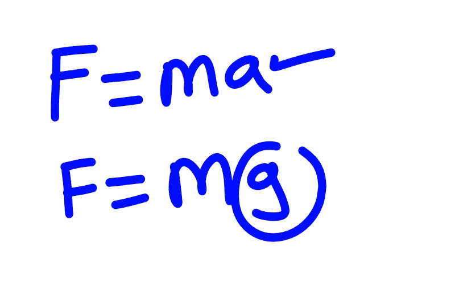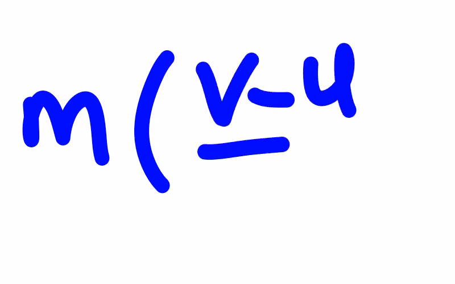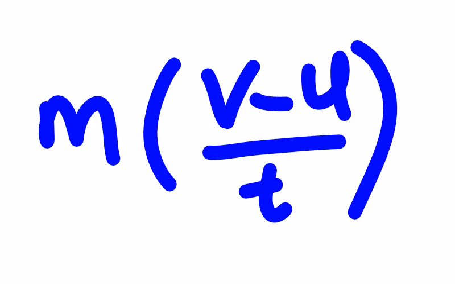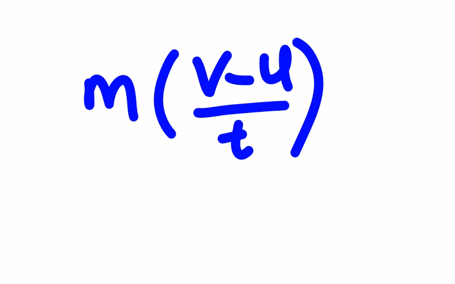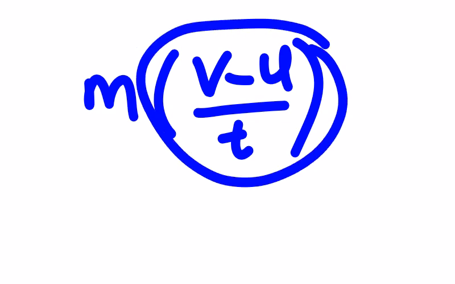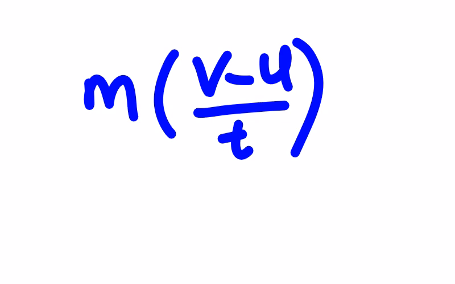So this is a force. And let me shock you. I can calculate force by saying I have m, then open bracket, v minus u all over t. If you can recall, this v minus u all over t is the value of acceleration.